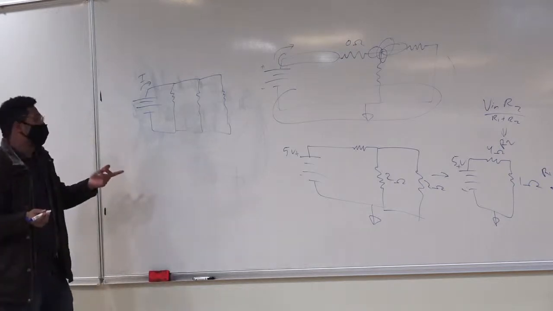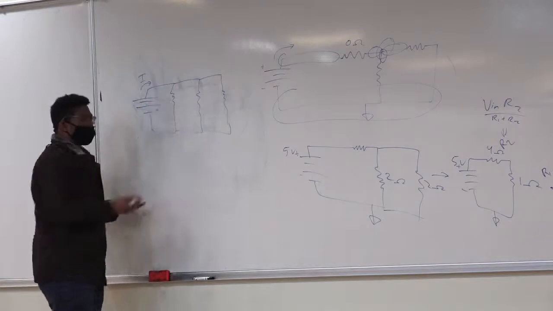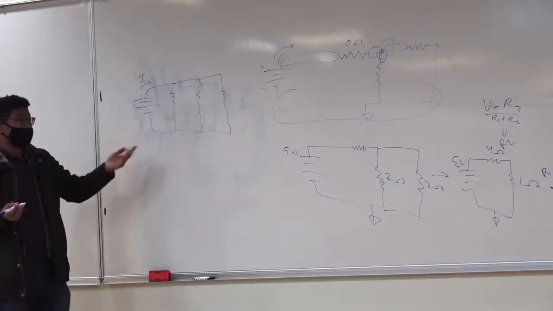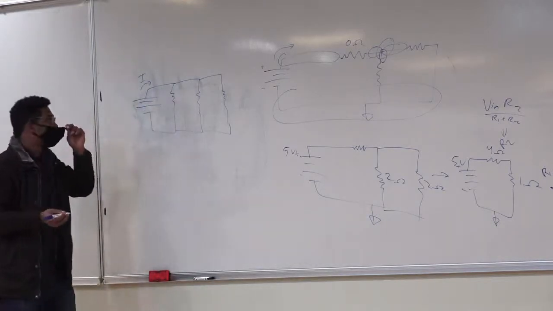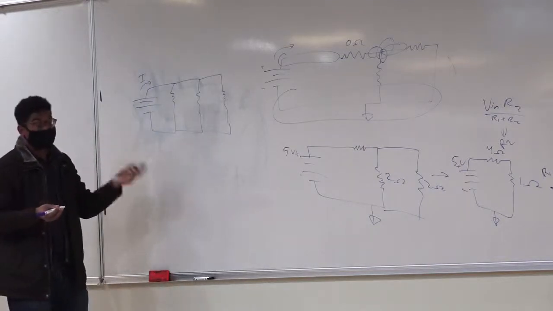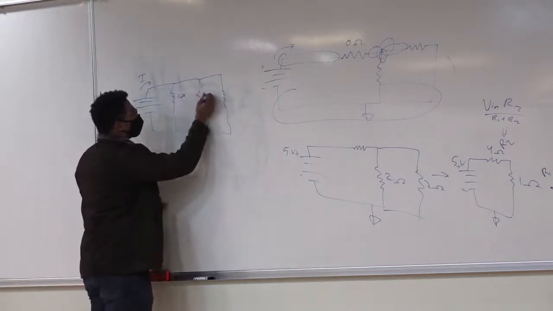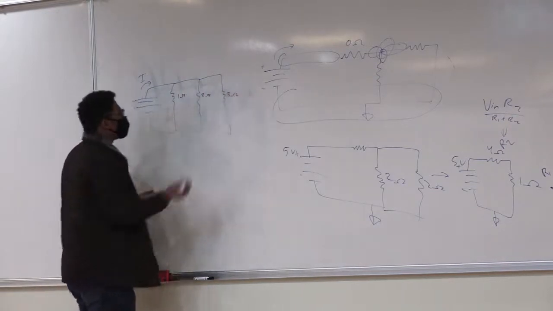There are two things I know off the bat. One is that these branches are not going to be experiencing the same current going through them. Well, if they were all 1 ohm resistors, they'd actually all have the same current. And let's say this is 1 ohm, 2 ohm, 3 ohm.